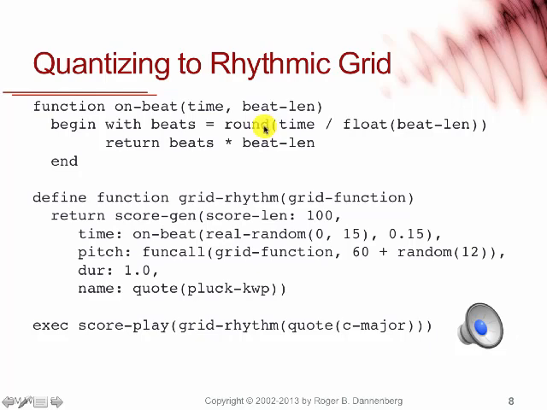So now we have an integer number of beats, and then we multiply that integer number of beats times the beat length, which gets us back to the time. And so here's an example of taking random times and quantizing them to multiples of the beat, which is 0.15 seconds.